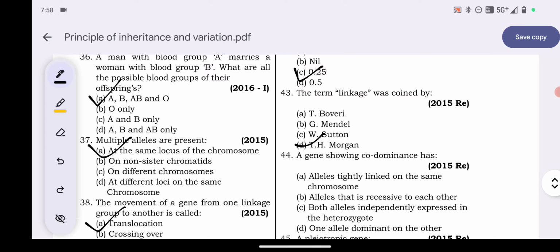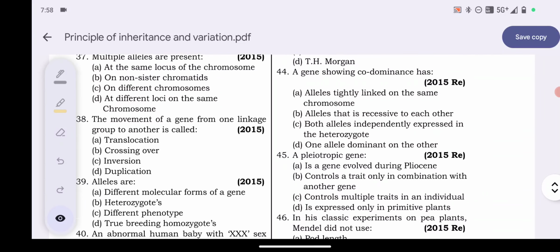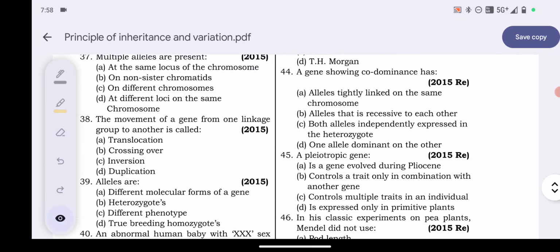Next question number 44. A gene showing codominance has, option A, alleles tightly linked on the same chromosome, option B, alleles that are recessive to each other, option C, both alleles independently expressed in the heterozygote, and option D, one allele dominant over the other.